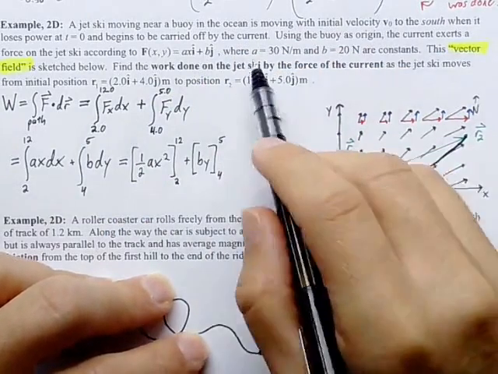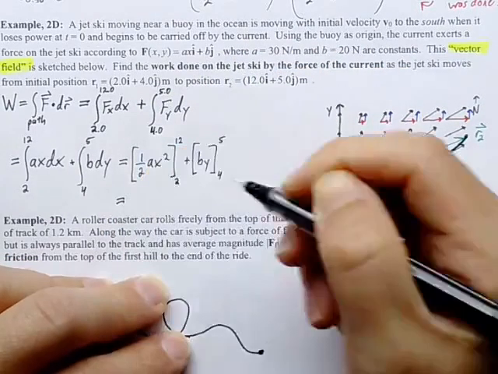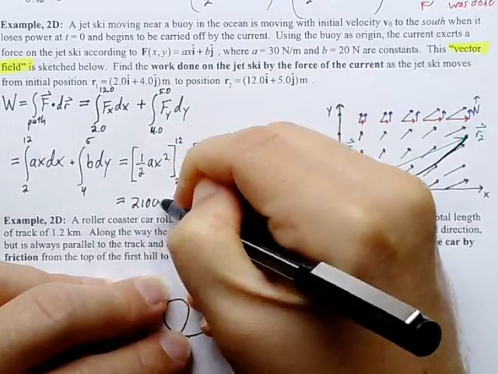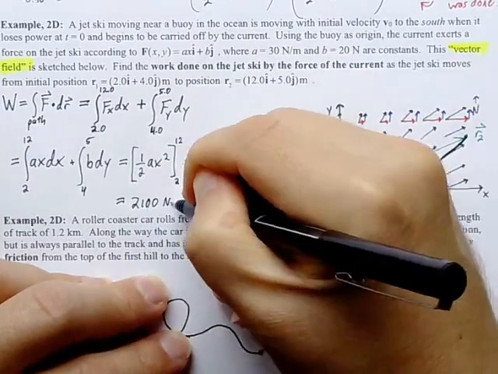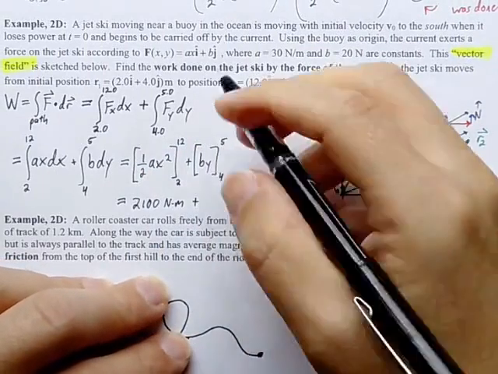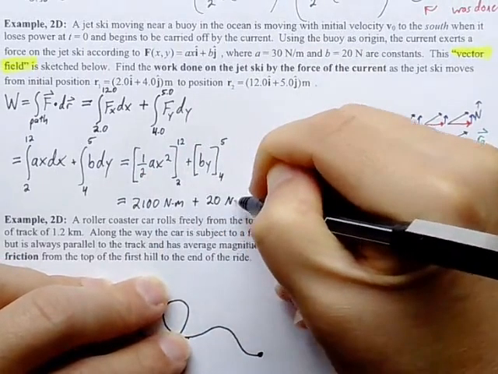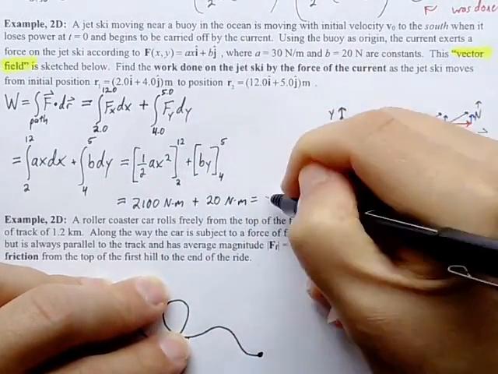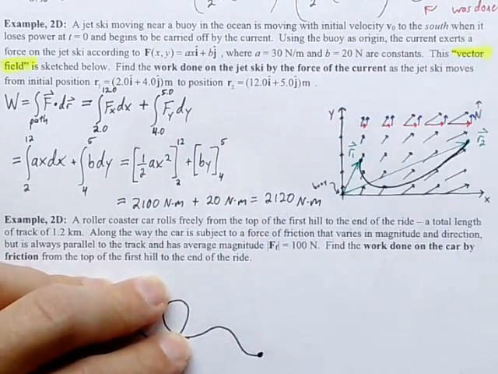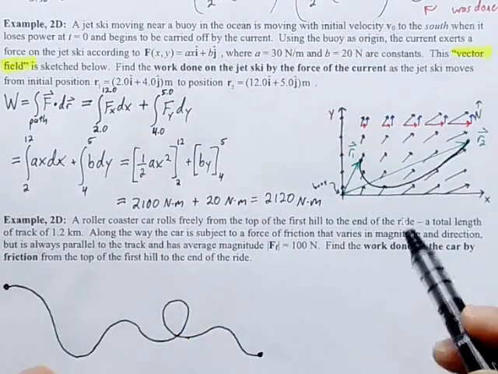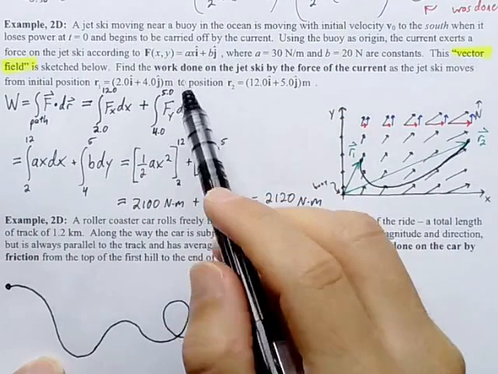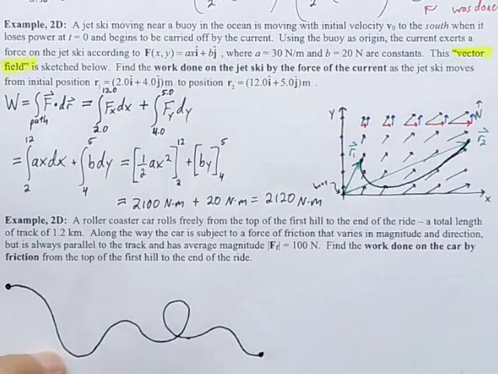You can plug in those values yourself and confirm my arithmetic that this expression will come out to be 2100 Newton meters, and this expression will come out to be 20 Newton meters, for a total of 2120 Newton meters of work done on our jet ski by this force, as we move along that path there.